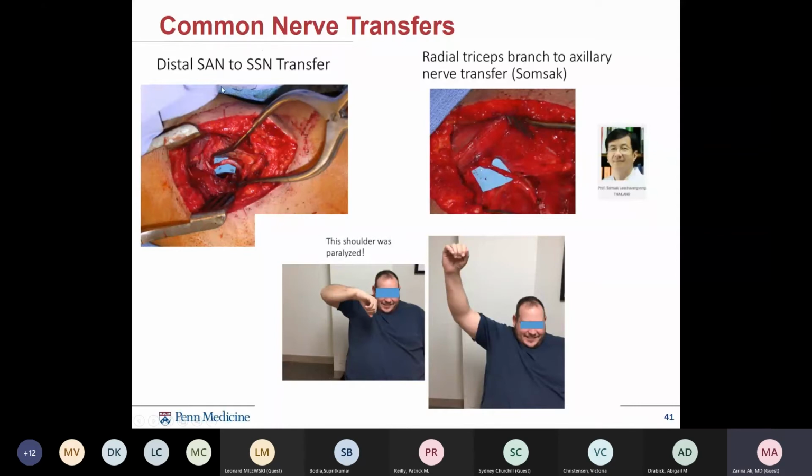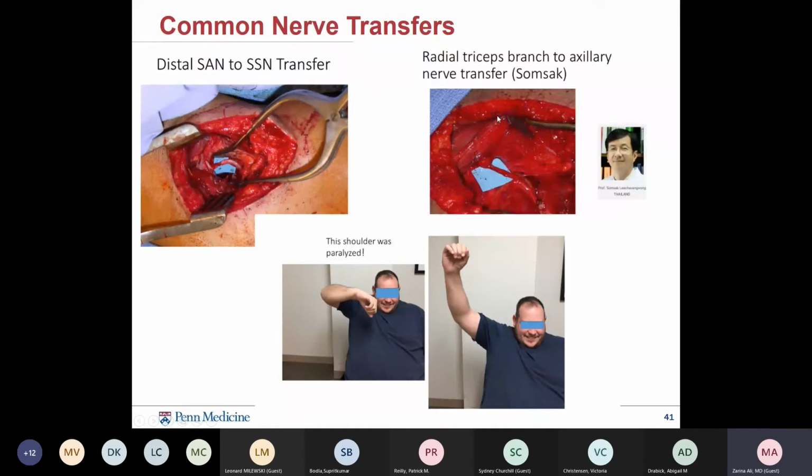And so what we're able to do is co-opt that spinal accessory nerve from a supraclavicular approach, or even from a posterior approach has been described, where we're able to co-opt that distal spinal accessory nerve directly to the suprascapular nerve, reduce that distance for regeneration directly to the supraspinatus and infraspinatus muscle. And this gives patients the ability to shoulder abduct.